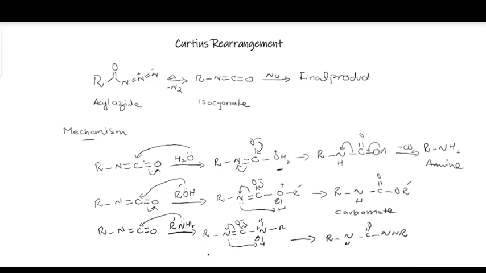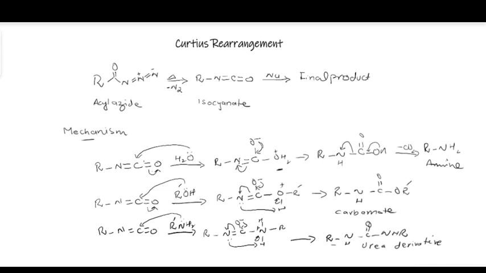And you can see here that it looks like urea, but it's not absolutely urea. We have R groups attached here, so this is actually a derivative of urea. So when amines react with isocyanates, urea derivatives are produced.